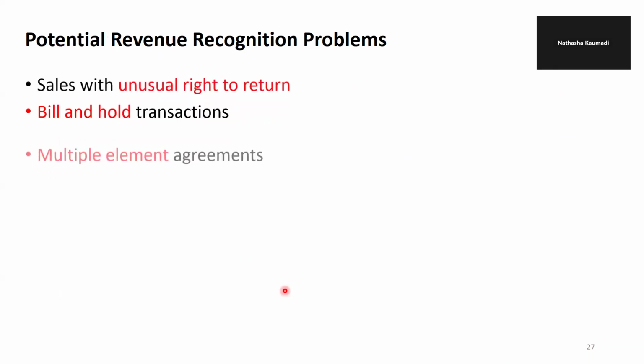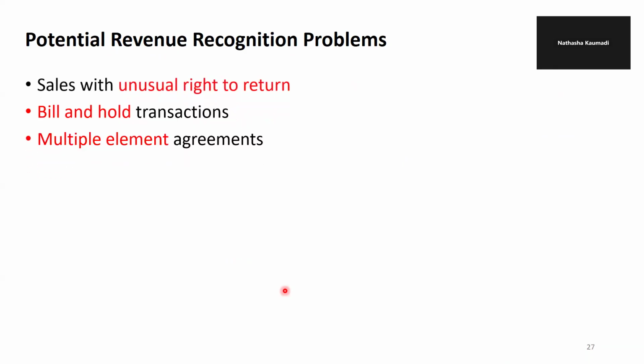And then, of course, potential revenue recognition problems. What are the problems? Sales with unusual right to return. Now, if the customer has an unusual right to return the goods under the terms of the revenue contract, potential revenue recognition problems can be there because we don't know the point.